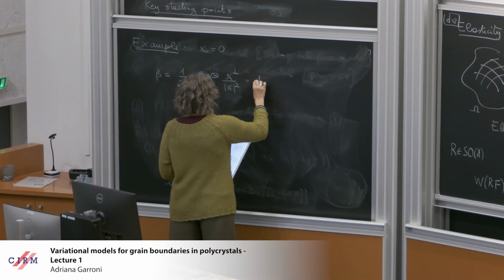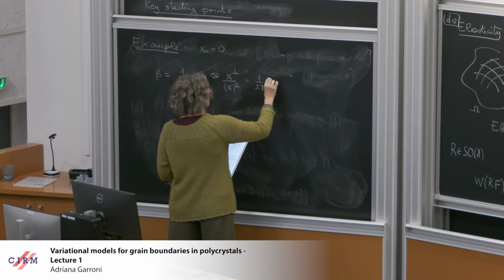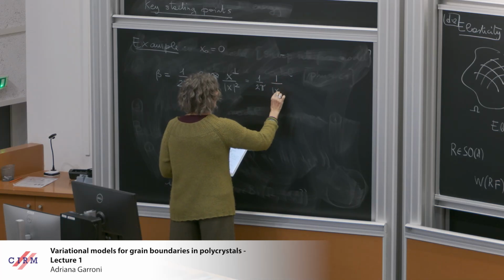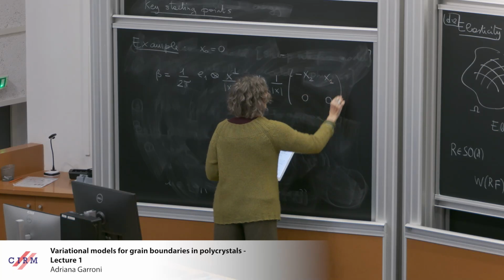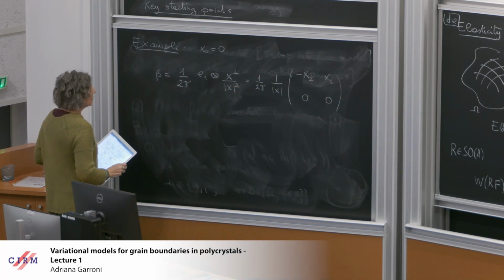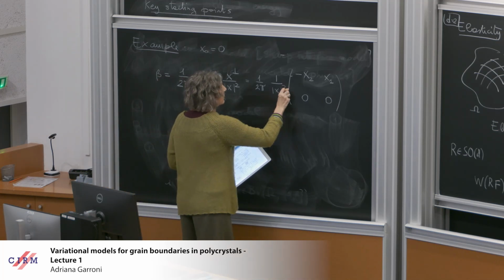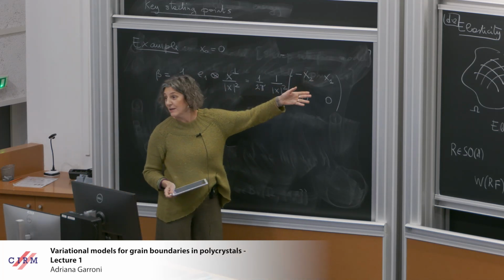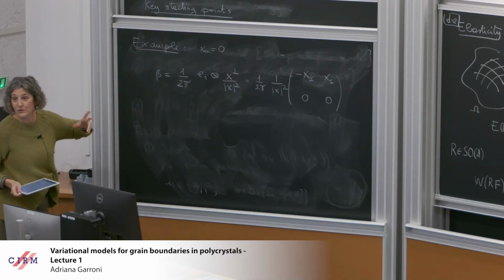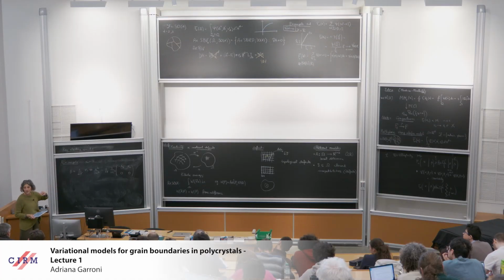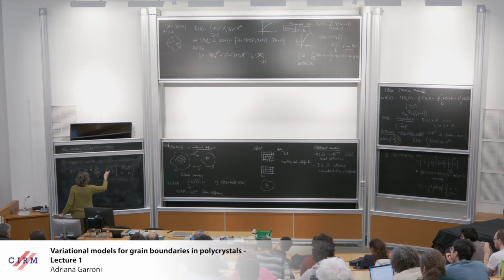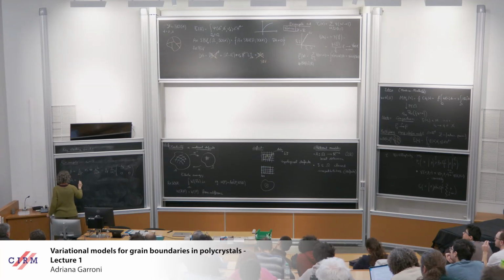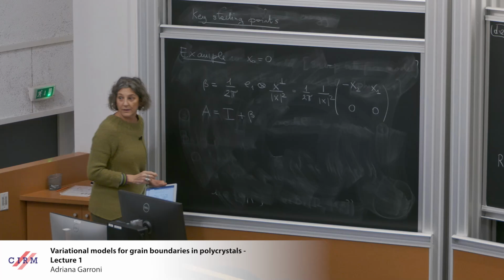So this is nothing else than the following matrix. It is a square matrix whose first row is the typical example of a field which is rotational but not conservative, the component of a form which is closed but not exact. And the second row is 0. Then I take A, which is the identity plus beta.